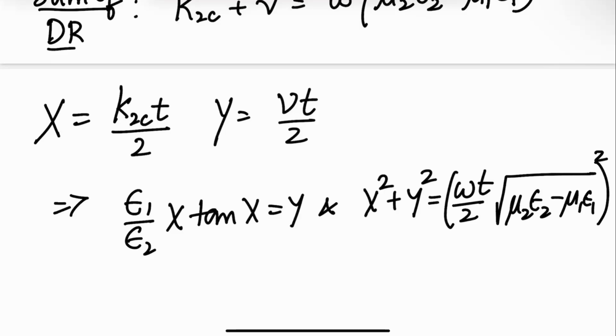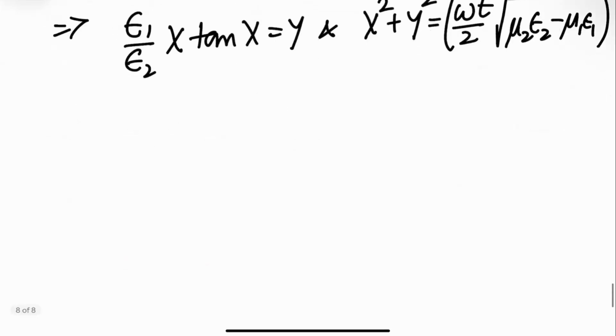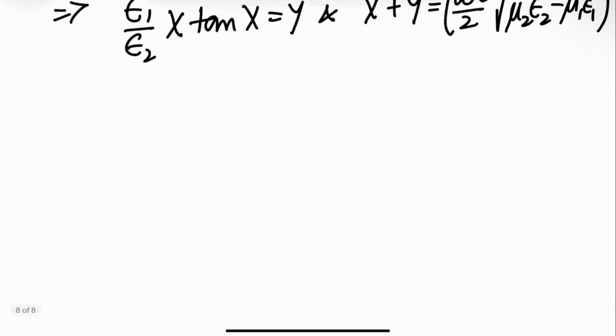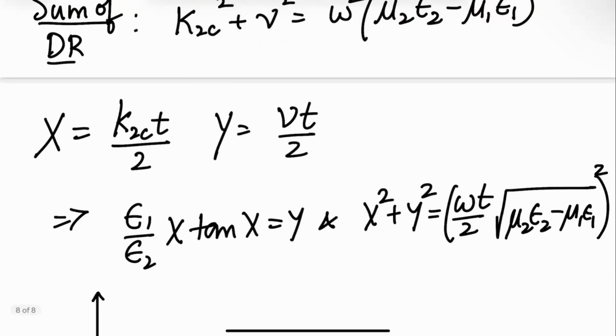I wrote it like that because this is the equation for a circle, right? And this is the equation for a line that looks like a tangent. Okay, so now we can actually draw this. So I'll only draw it in the positive quadrant because x and y have to be positive based on these definitions.